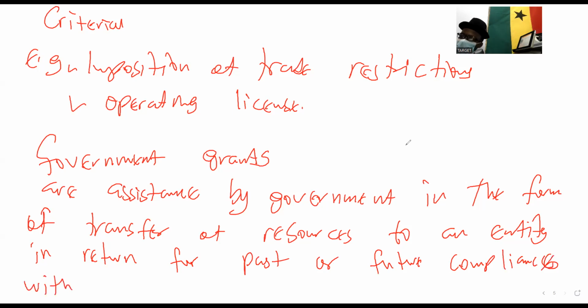You see, every grant, you must comply with certain rules. Failure to do that, they will call you to pay back the grant. So return for past or future compliance with certain conditions.